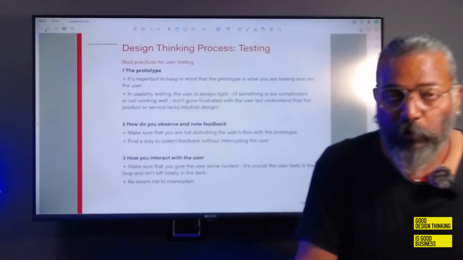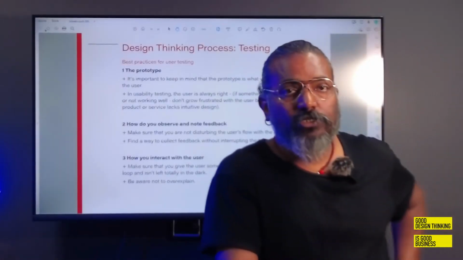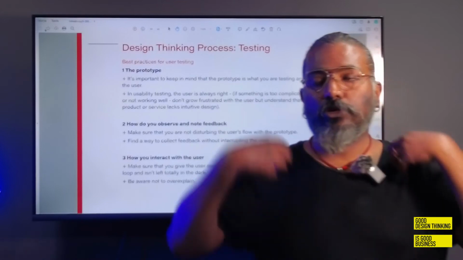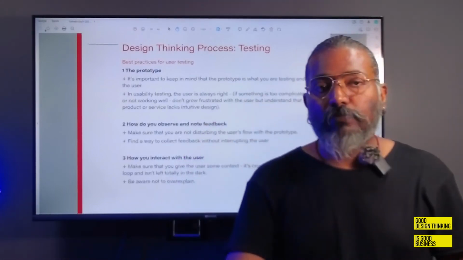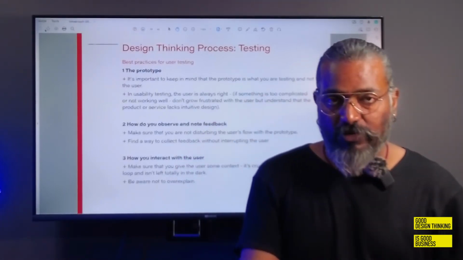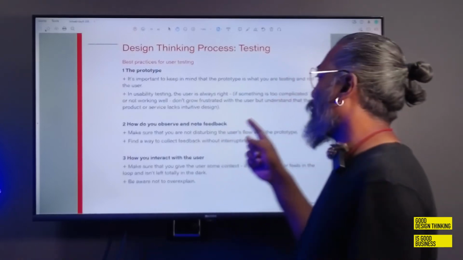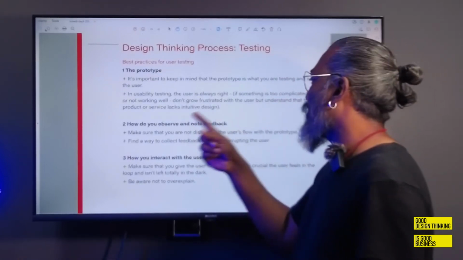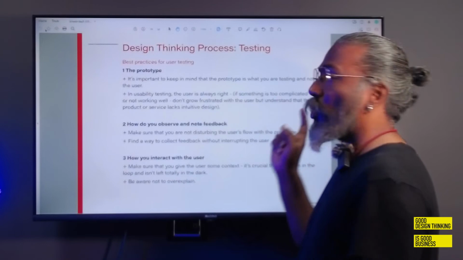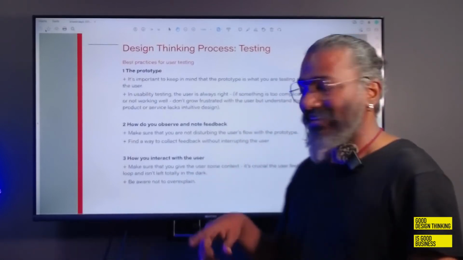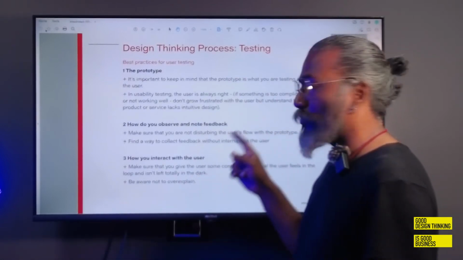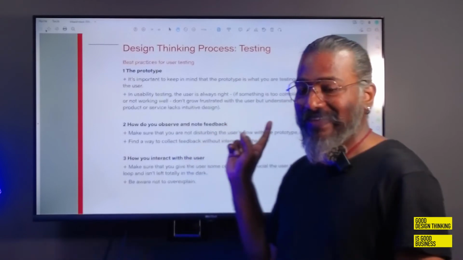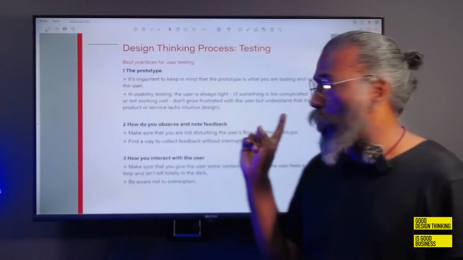So for example, in your consumer test, you have to respect the feedback the consumers are giving rather than correcting them. If they are saying, oh, this is highly complicated, it doesn't mean you feel frustrated that these dumb users don't even know how to use it.